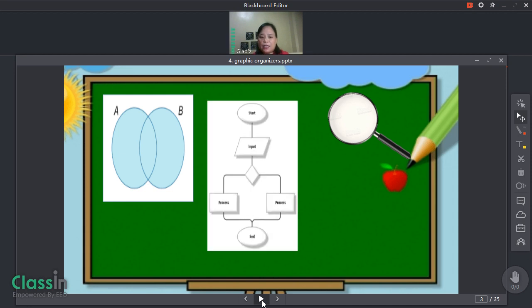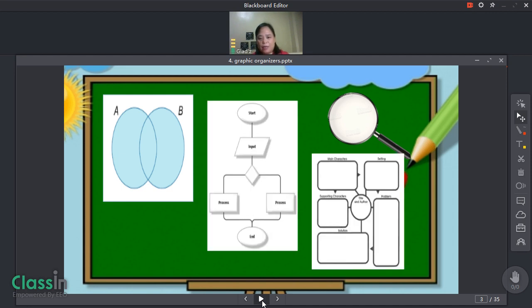And then look at this one, and this one. So these are a few examples of the organizers that we can use in organizing information. In our further discussions, we will discuss what this organizer is, where we use this, and how we are going to use these organizers.